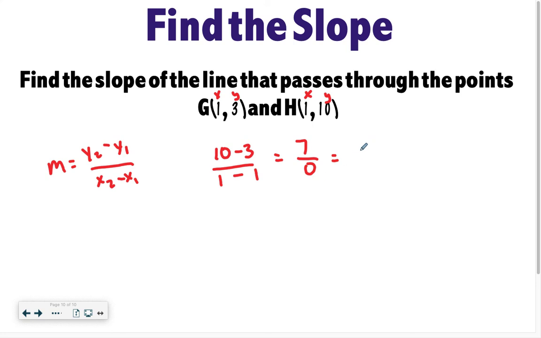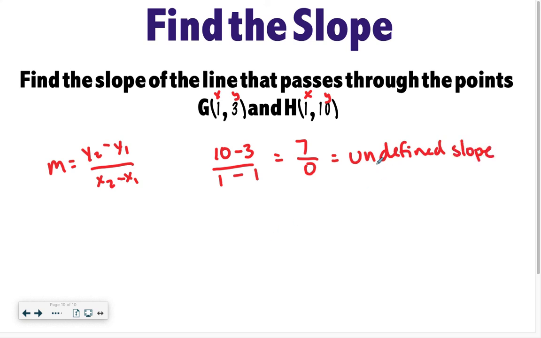That's because trying to divide by 0 is breaking like math laws. There are certain things that just can't be done in mathematics, and dividing by 0 is one of them. So when you get an error on your calculator that says like domain error or just error or something that does not give you a number, then we call this undefined slope.